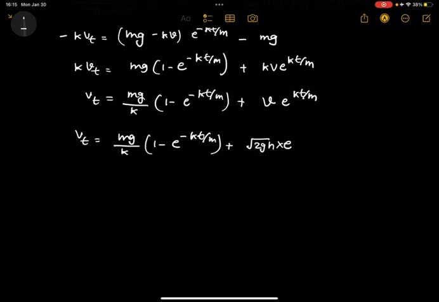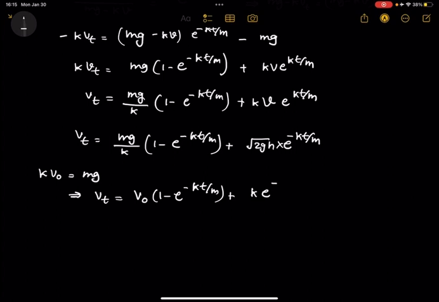As we know, k v naught is equal to mg, so we can write the velocity vt equal to v naught into 1 minus e to the power minus kt by m, plus e to the power minus kt by m into square root of 2gh.